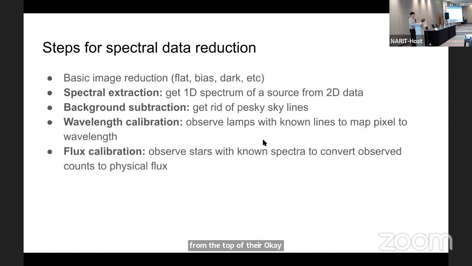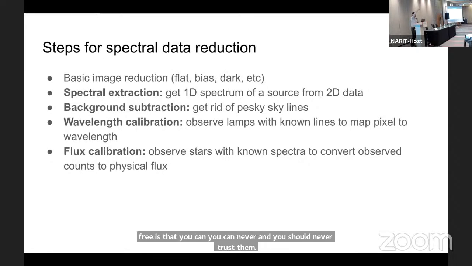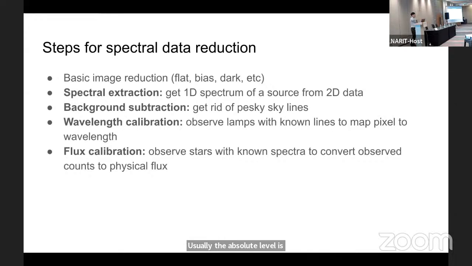One closing caution about flux calibration in spectroscopy is that you can never, and you should never, trust it. Usually the absolute level is always wrong by a factor of a few, but the shape should be relatively correct. That's why, if you need an absolute flux spectrum, you almost always also need photometry at the same time.